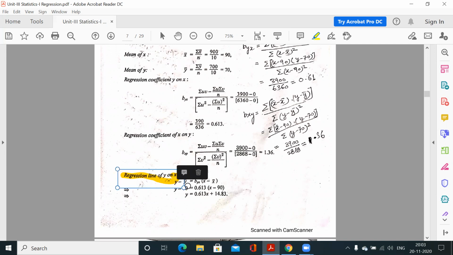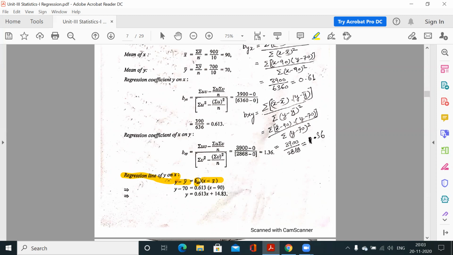It is y minus y bar equals b y x times x minus x bar. For this we need x bar, y bar and b y x. x bar is the arithmetic mean of x data, y bar is the arithmetic mean of y data, and b y x is the regression coefficient of y over x.